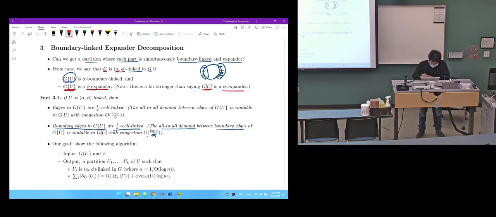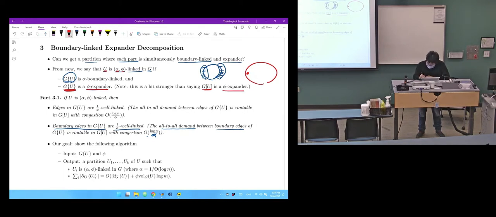Because I'm saying that even with these battery nodes added, they are still an expander. Why can this be strictly stronger?